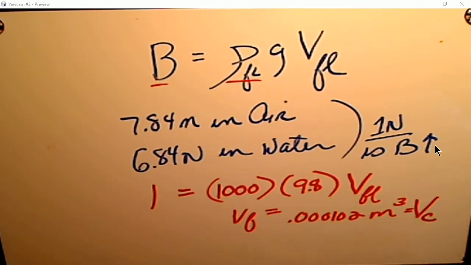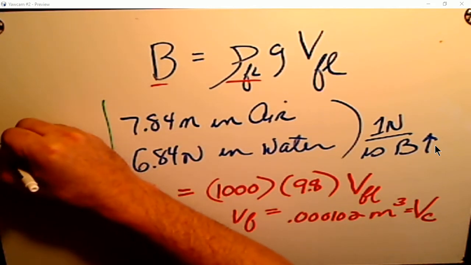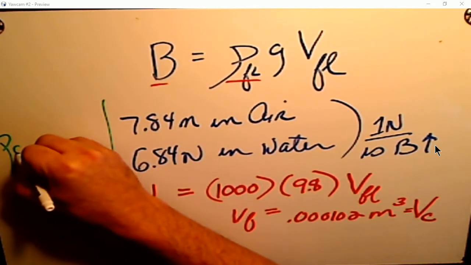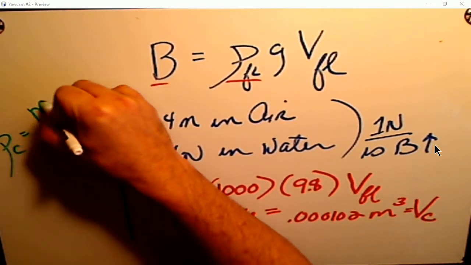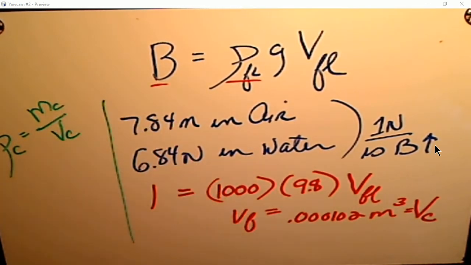We also know that density of the crown is equal to mass over volume, mass of the crown. Well, how do we get mass of the crown?